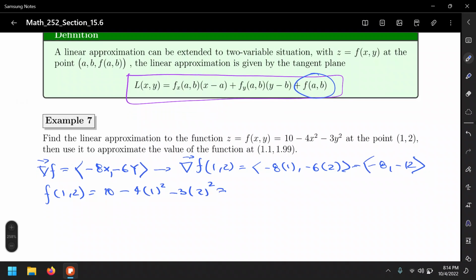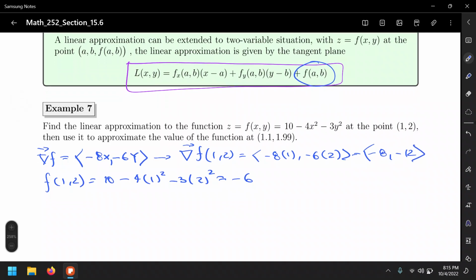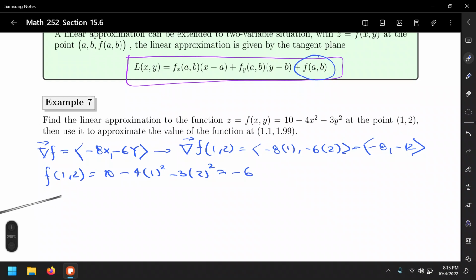And simplifying all this should give us negative 6. That's 10 minus 1, that's 9, and minus 12. Yeah, that's negative 3. All right, so let's get the linear approximation. But this linear approximation is L of x, y. It depends on two variables this time. All right, so let's see.